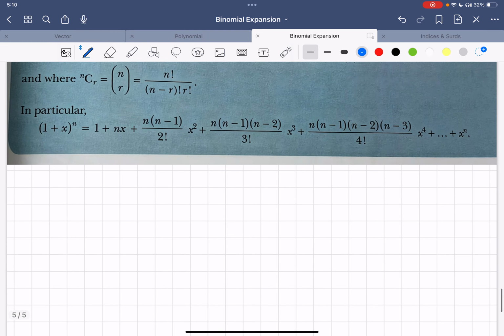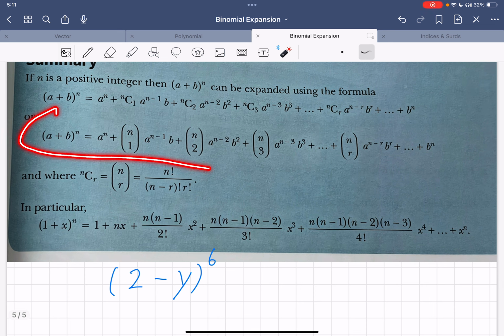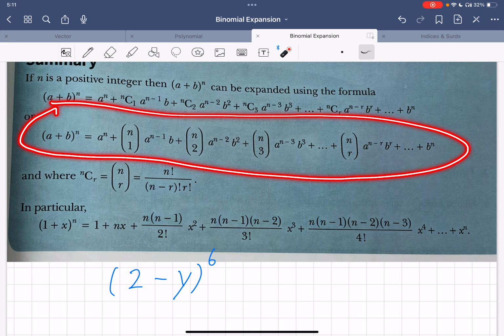For example, we have 2 minus y to the power 6. In this case, can we use this formula to find each term's coefficient and then add them together? Yes, of course, we can do that.